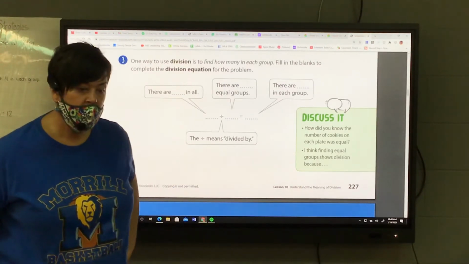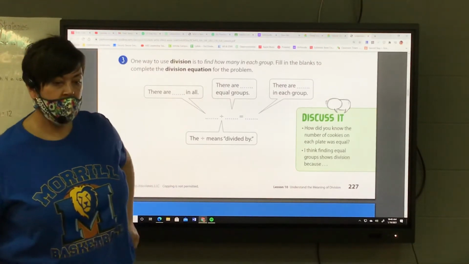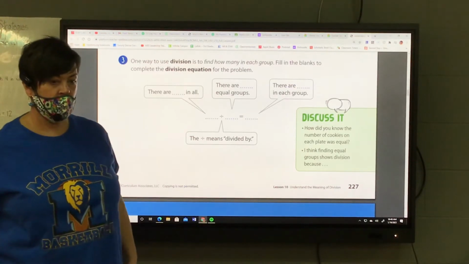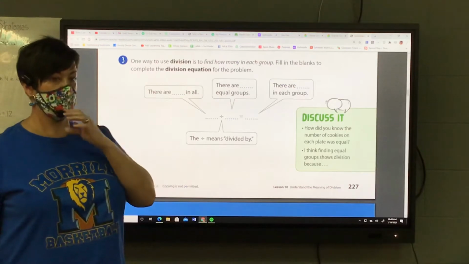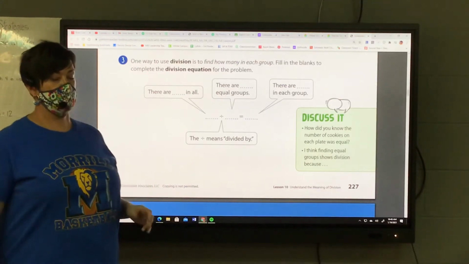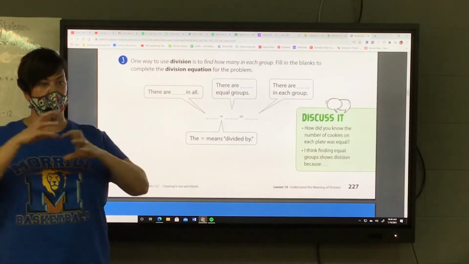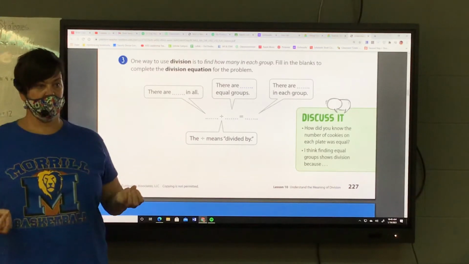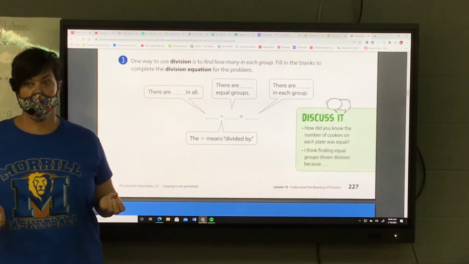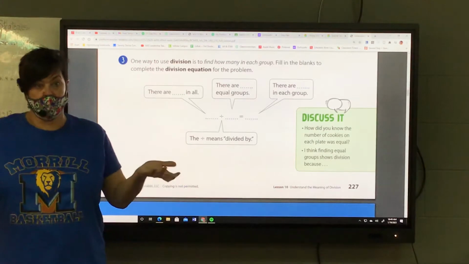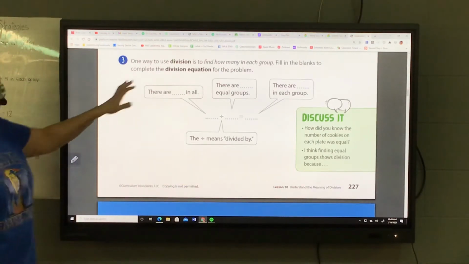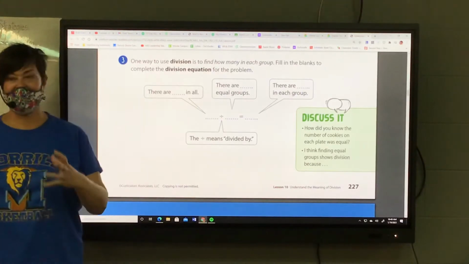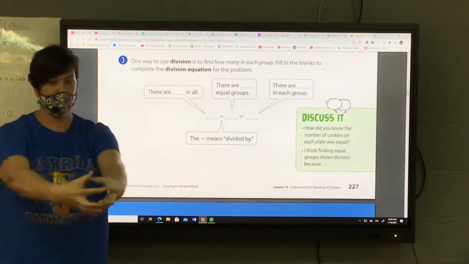So for the division sign, you know that because it's the one on top and then the one on bottom. Right. So if you see that division sign, does that mean you're breaking apart that number into different smaller groups? Okay. All right, one way to use division is to find out how many in each group.